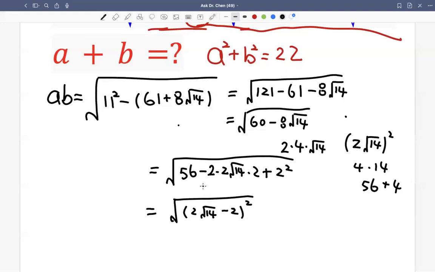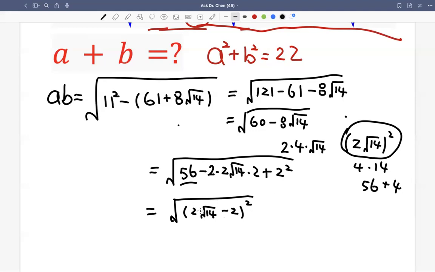Because 56 comes from the square of 2 radical 14. So 2 radical 14 squared is 56. Then minus 2 times 2 radical 14 times 2, the middle term. Then plus 2 squared.